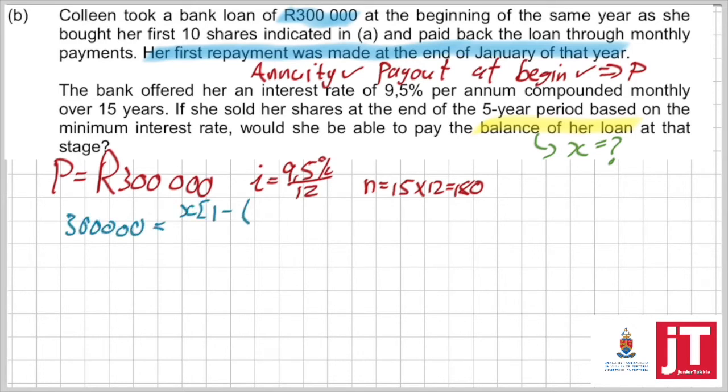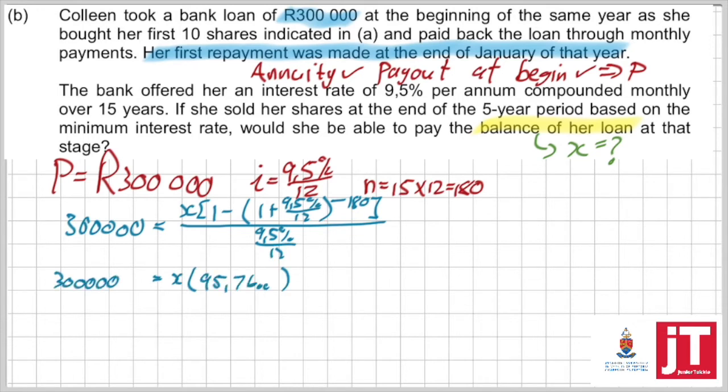So I'm going to take that 300,000 as if it is a full loan, and I'm going to calculate X. Once I've calculated X there, I get X to be 3,132 Rand and 67 cents approximately.